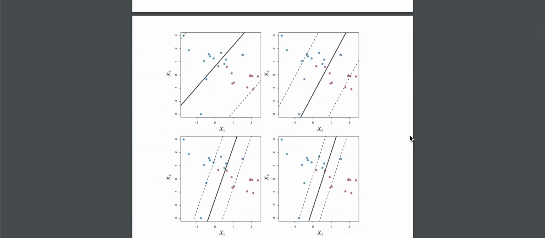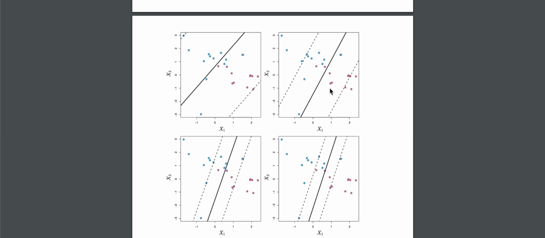So here, what we can see is that the largest value of C was used in this top left panel, and smaller values were used in the top right panel.